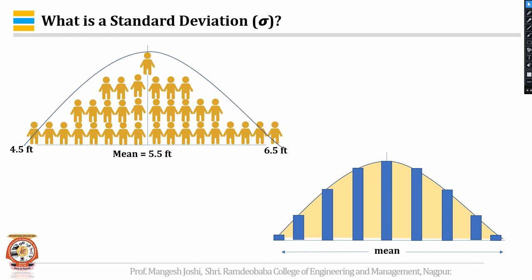If you join the midpoints of all these bars, you will get an approximately bell-shaped curve, and it is called a normal distribution curve.